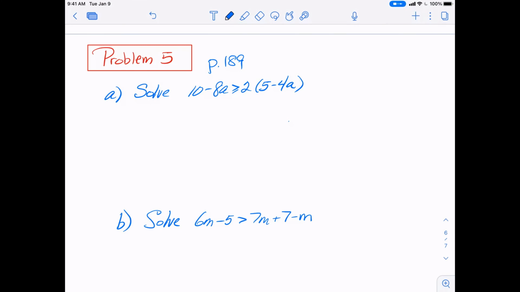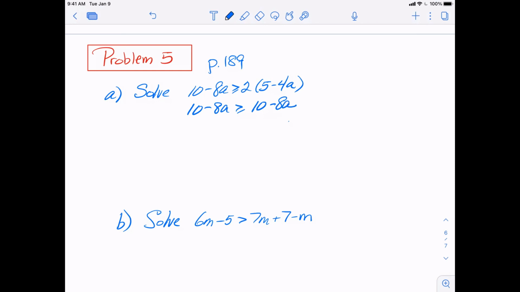Now in this last problem, we have two inequalities that are special cases. For the first one, let's see what happens when we try to solve this. So we start with 10 minus 8a is greater than or equal to, well, 2 times 5 is 10, and 2 times negative 4a is minus 8a.